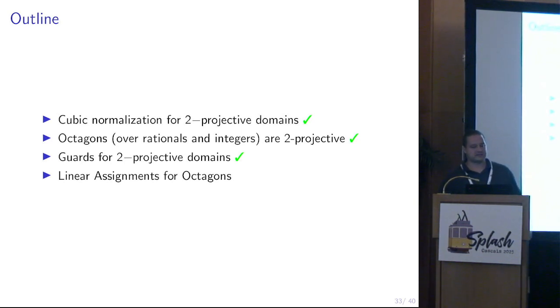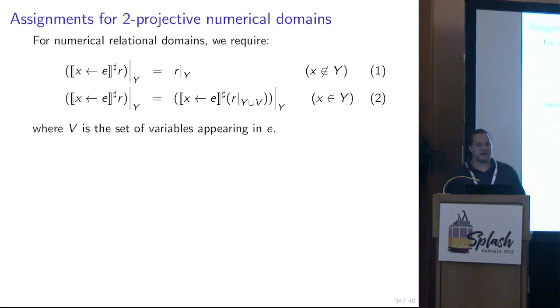Then lastly, we have also considered linear assignments for octagons. Here we need to make some additional assumptions, namely we require for the sort of numeric domains that we're considering here, that if you have an assignment x equals e, then the value for those variables that are not modified by the assignment remains the same.